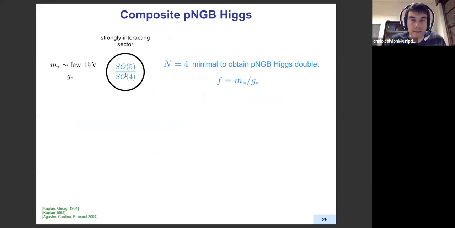I have this strongly interacting sector where there is some spontaneous symmetry breaking, which I'll take to be SO(5) to SO(4), the minimal version that gives us a custodially preserving Higgs. And F will be interpreted as M star over g star, where M star is the overall scale of the new sector and g star is the typical coupling, which we will want to be somewhat large.